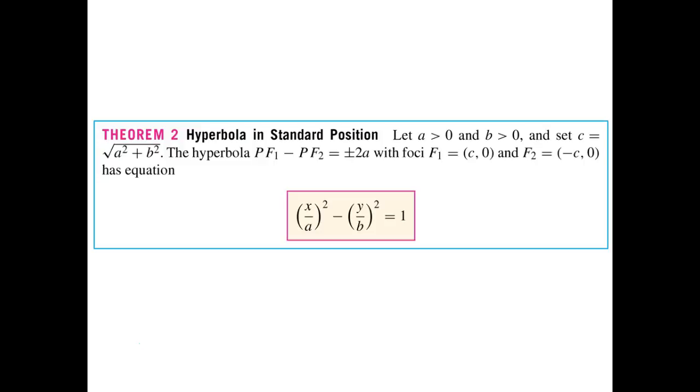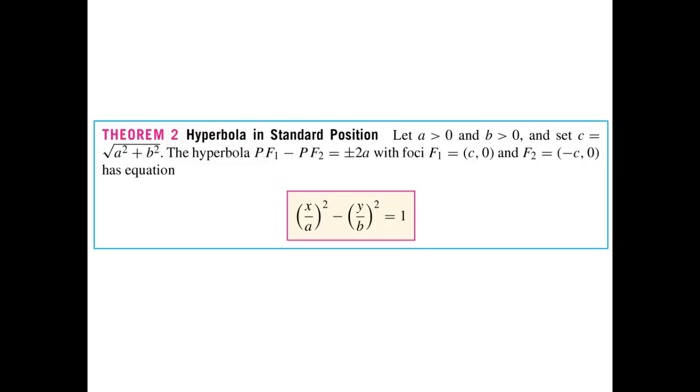We'll get to that. A greater than 0, B greater than 0. We set C equal to this. What's the difference here? What was our C before? The square root of A squared minus B squared. Now it's a plus there.